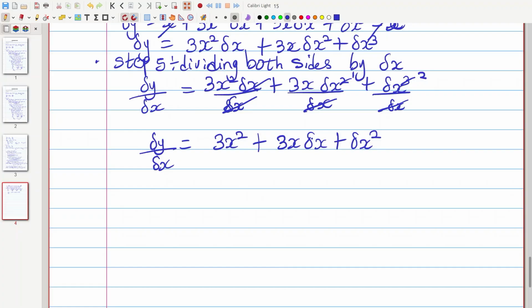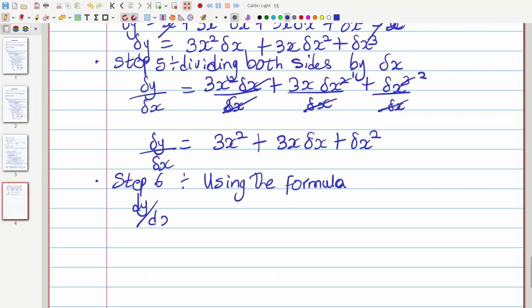Now, the last step, which will be step 6, is using the formula where dy dx, that is differentiation of y over differentiation of x, is equals to limit delta x to 0.